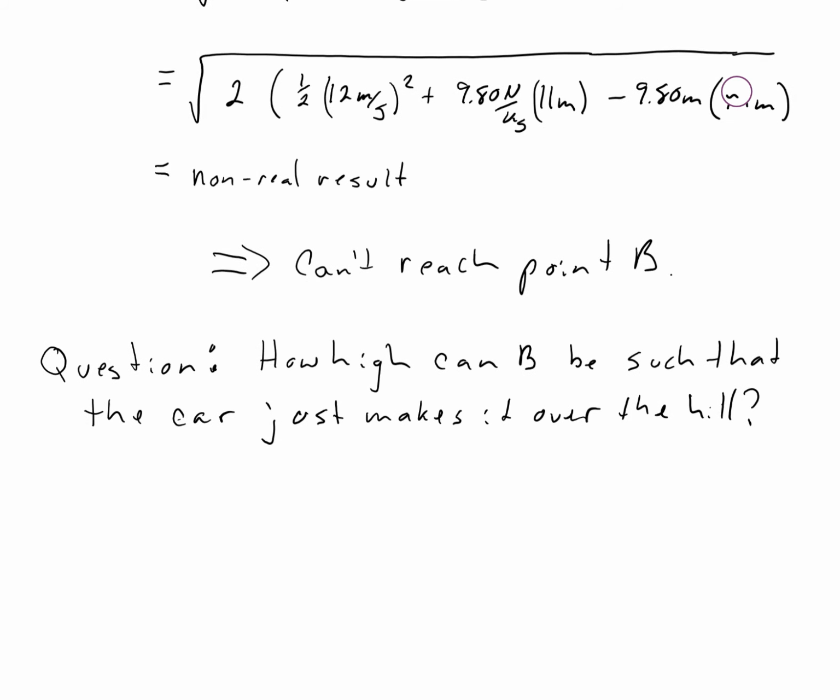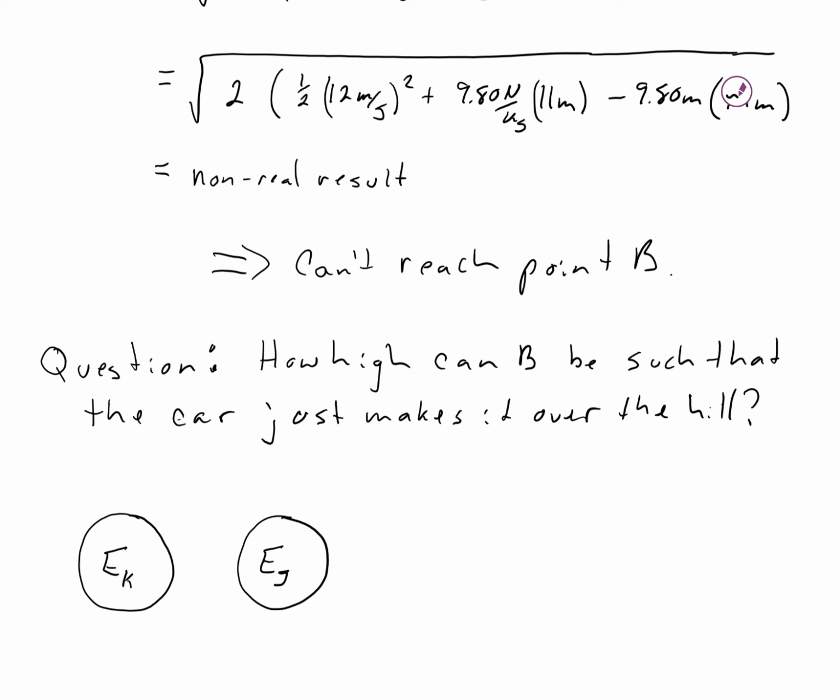In terms of an energy diagram, what that's suggesting is that all of the energy stored at location A is going to be kinetic, and then all of the energy at location B is going to be gravitational. So that would mean you'd be stopped momentarily at the top of the hill.